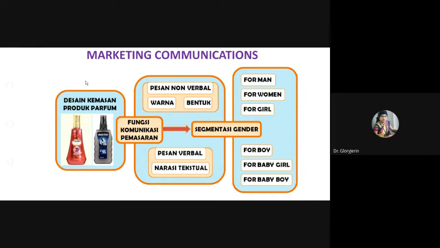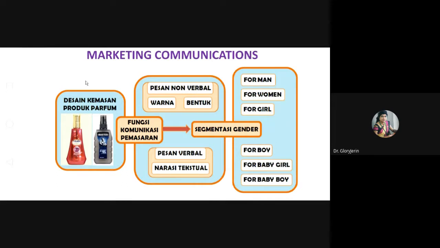This is, we can communicate a sales message with nonverbal communication like color and shape of the design, or verbal with words, textual narration, or textual message, communicated to the audience or targeted audience, to consumers with a specific segmentation.